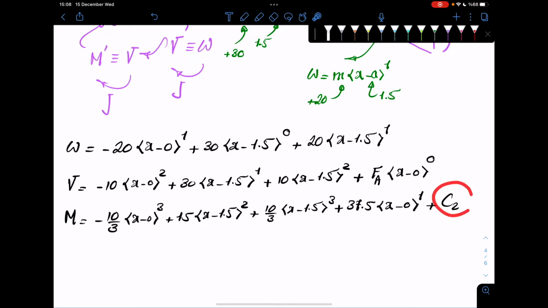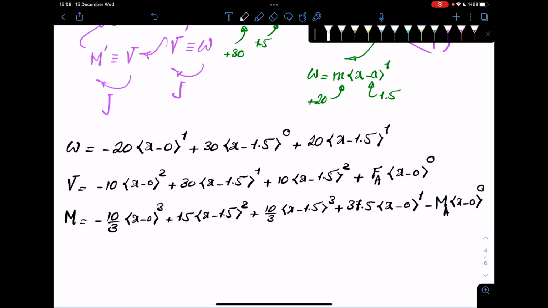And by the way, if you remember, because of our convention, and this is the internal M, you get a minus here, okay? So this would be basically minus MA times x minus 0 to the power 0.